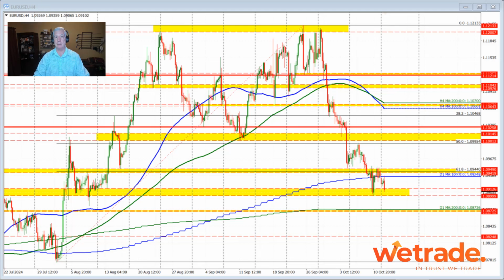We'll talk about that a little bit later. Instead, the market traded around it, which means the traders out there were unsure of which way they wanted the price to go. We tried to the downside, we tried to the upside, and we closed right above it.